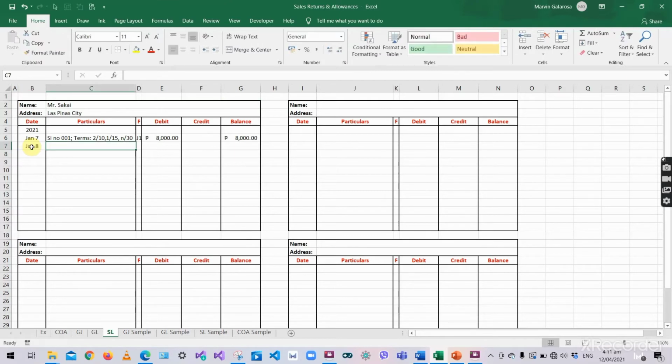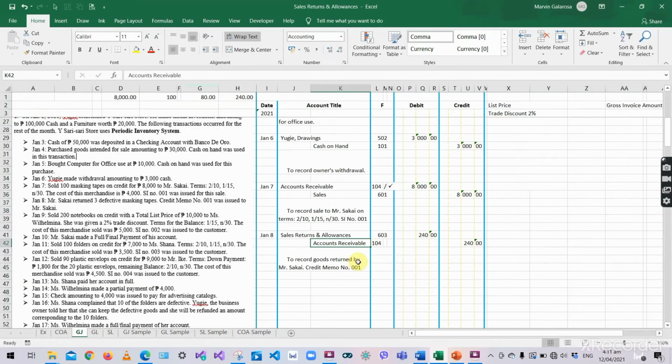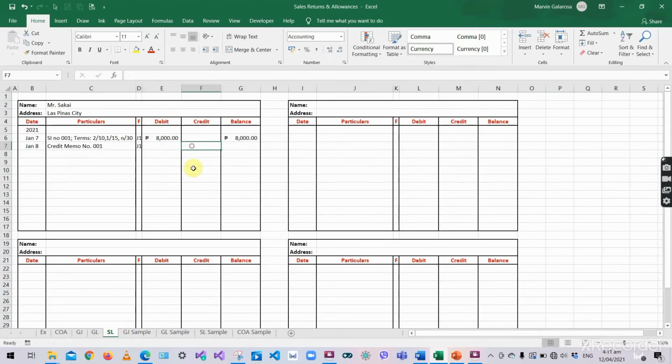January 8. Credit memo sa particulars, credit memo number 001, Journal 1. Saan natin ilalagay debit or credit na column? Ang enter na natin sa accounts receivable is credit. So, sa credit side ng subsidiary ledger, 240.